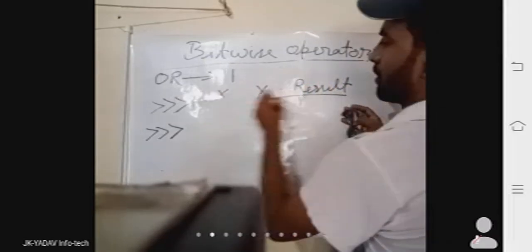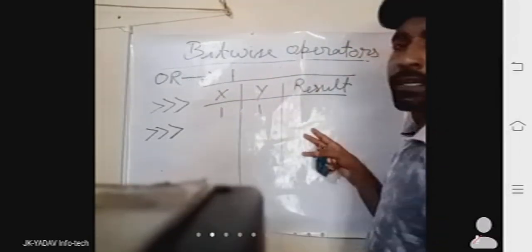So what is the rule of the OR operator? Kindly listen here. Suppose we have X operand, Y operand and the result. If we give 1 in X and 1 in Y, then according to the OR operator, the result will be 1.